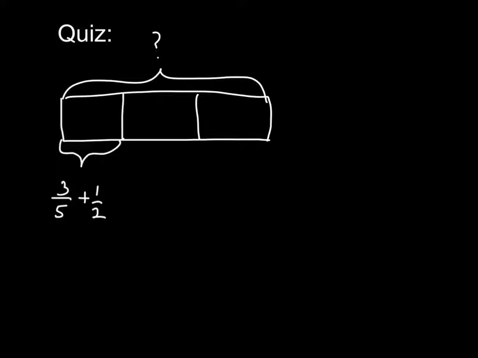So you're going to need to use parentheses to show what part to do first. Look at the tape diagram to see what you need to do next to find the whole, and then you'll need to solve your expression and write both the expression and the solution as your answer to the quiz.